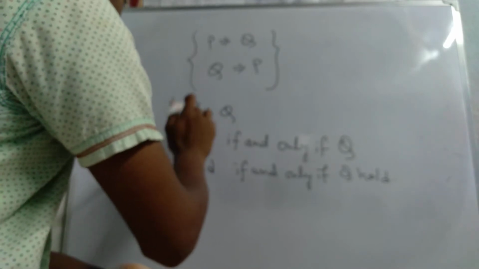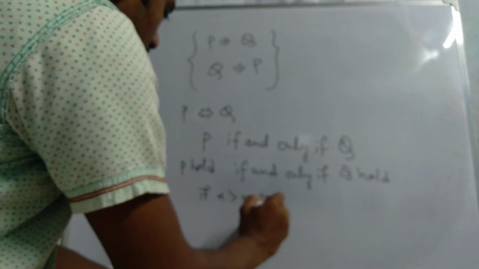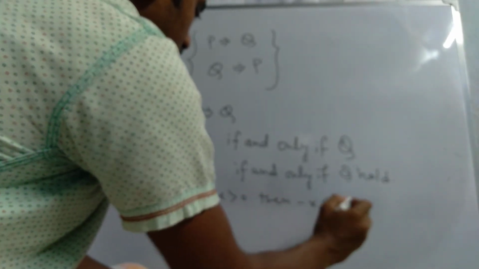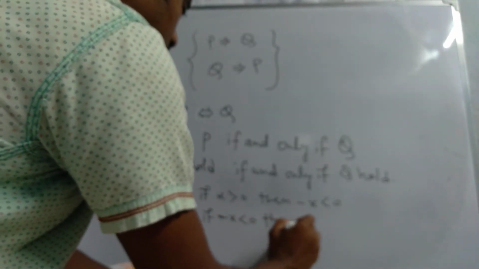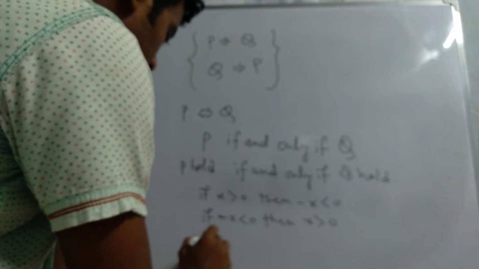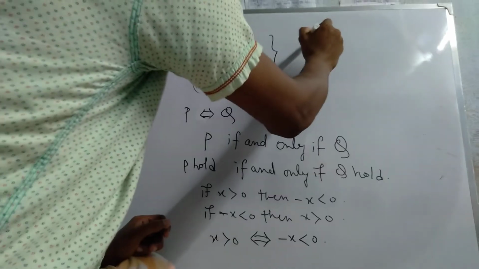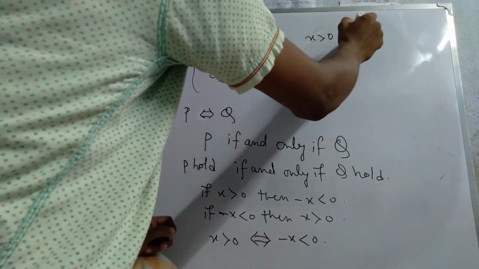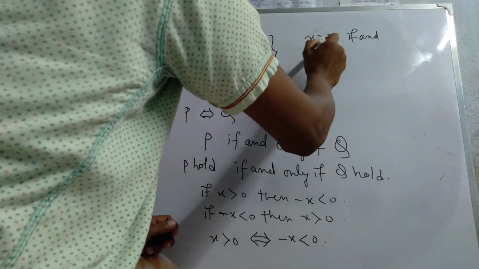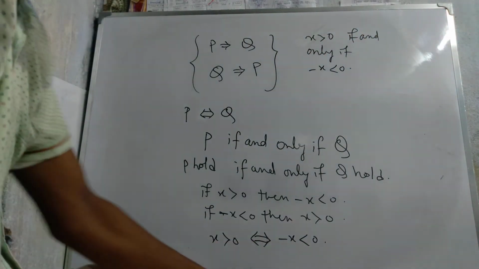If x greater than 0, then minus x less than 0. The converse is: if minus x less than 0, then x greater than 0. We write it in this way: x greater than 0 if and only if minus x less than 0.